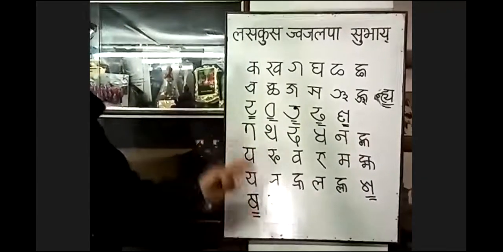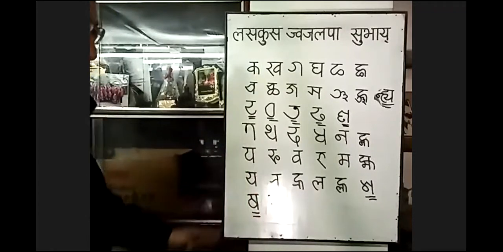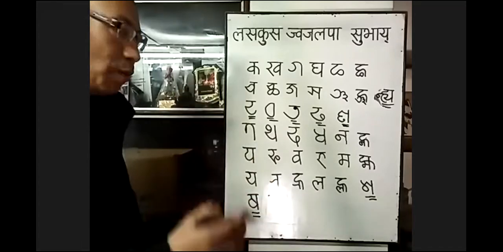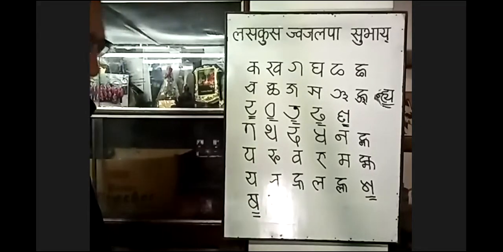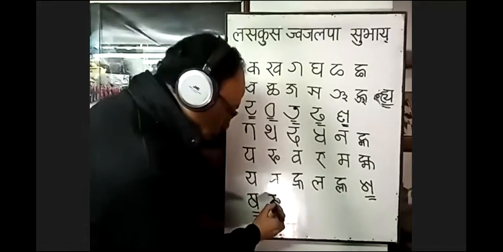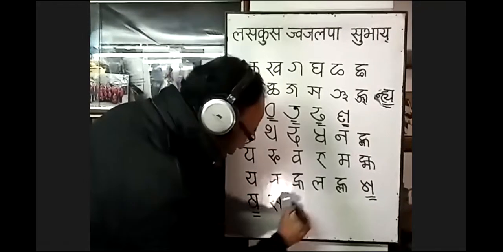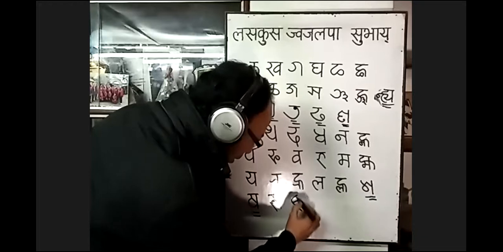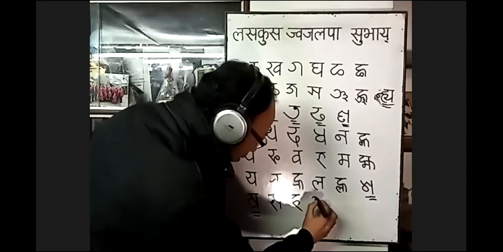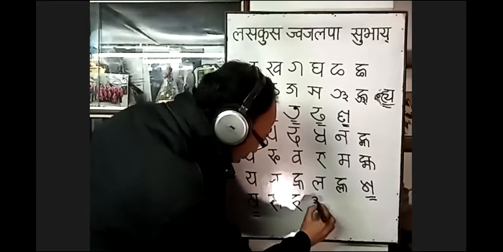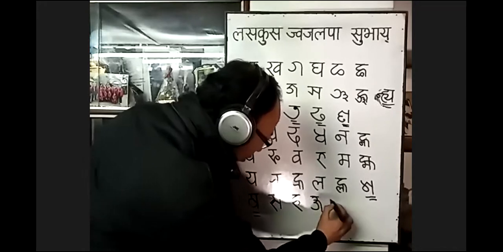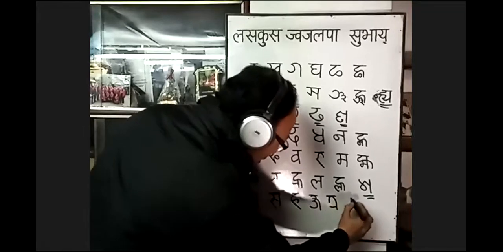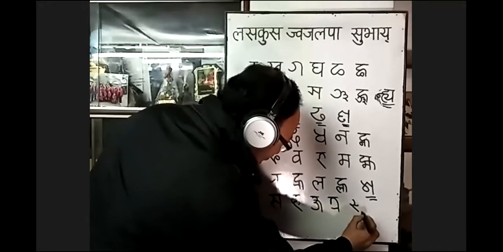But we have the letter, we have the lipi, and it can be used to represent the words for the different languages. And sa, ha, sha, ga, and ya.